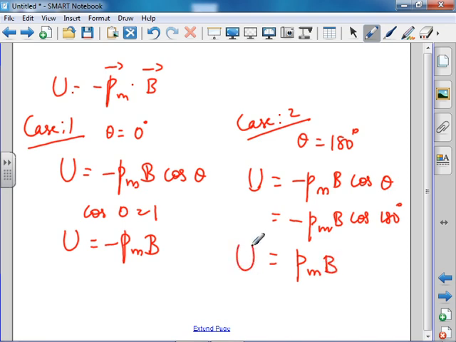From these two equations, what do we understand? The potential energy of the bar magnet is minimum when it is aligned along the external magnetic field.